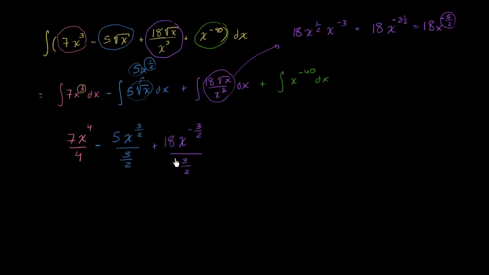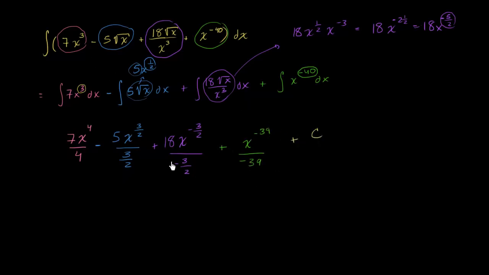And we obviously are going to have to simplify this. And then finally, the exponent in this term right over here is negative 40. If we increment it, we get x to the negative 39 power, all of that over negative 39. And now we can add our constant.